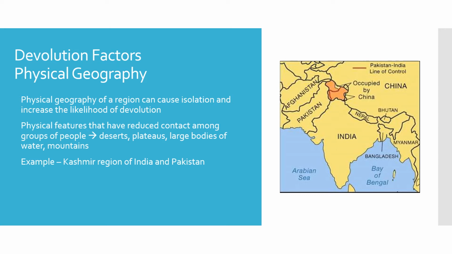The first thing I think is when we just look at a map. If we have a physical distance between part of a country and the rest of the country, that can very much cause isolation and increase the likelihood of devolution. So let's talk about, you see here in this picture, Kashmir, which is a region of India and Pakistan.